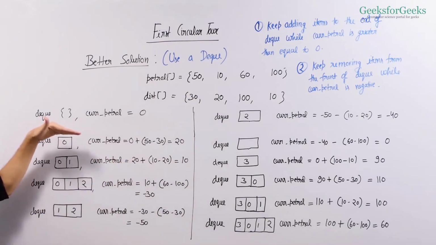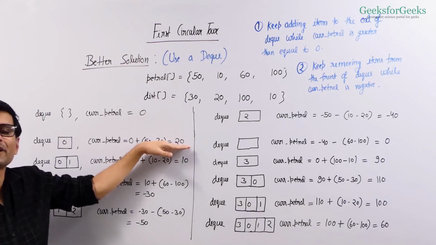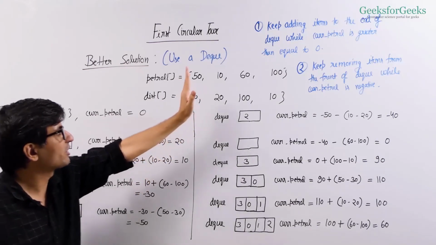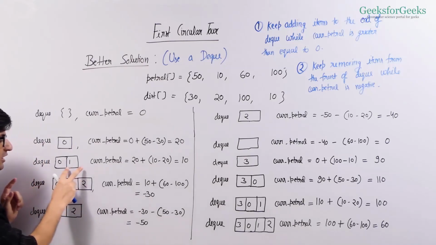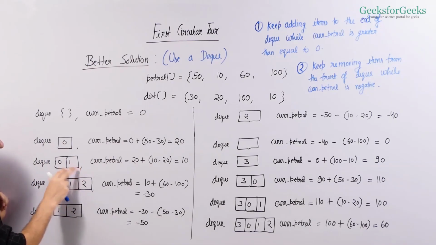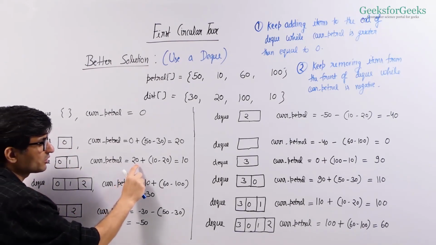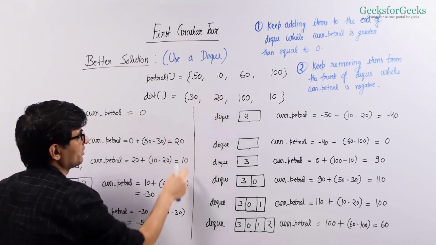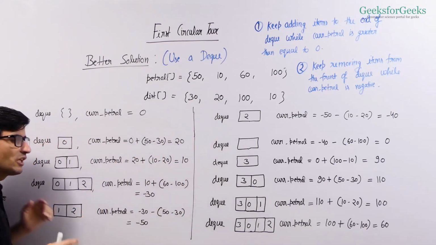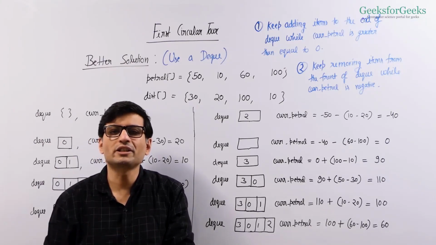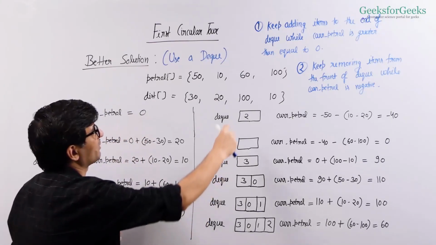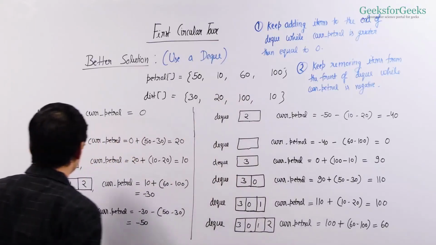So 0 is feasible because current petrol is greater than 0. Now we go to the next petrol pump and we update the current petrol and we add the next petrol pump to the end of the DQ. So current petrol becomes 20 plus 10 minus 20, which is 10. We still have greater than 0 petrol. So we go ahead and add the next petrol pump. And next petrol pump is this one, 60, 100.